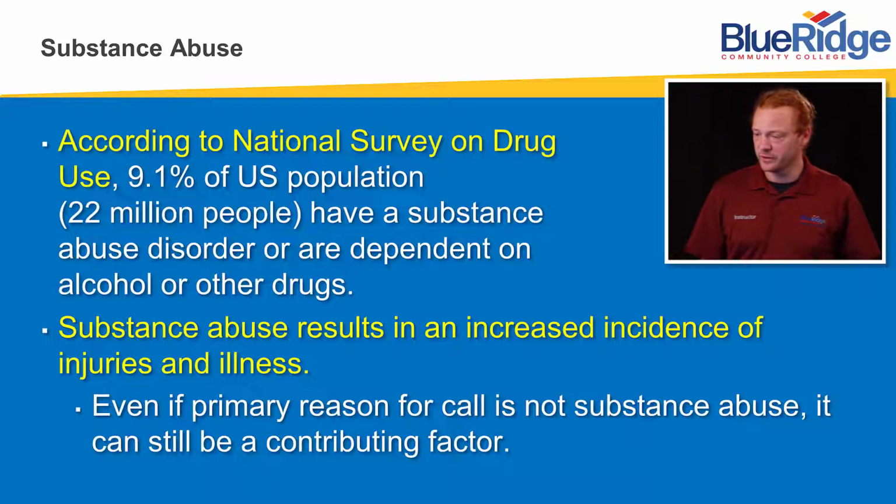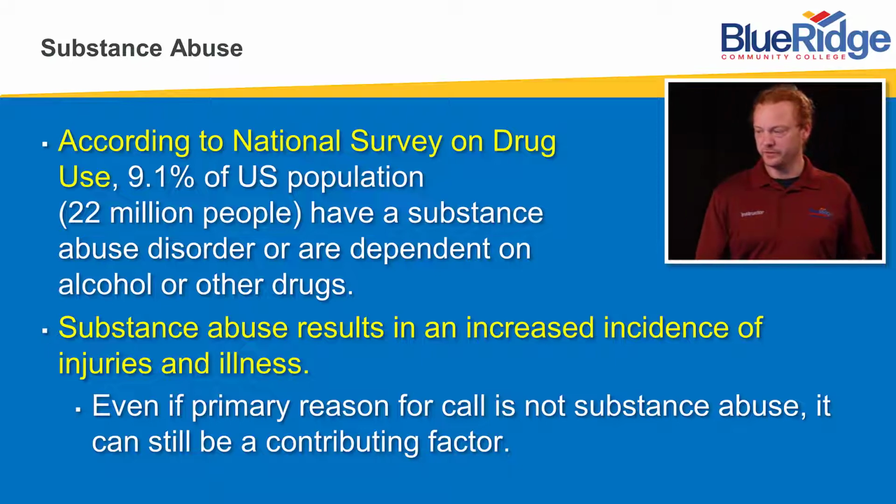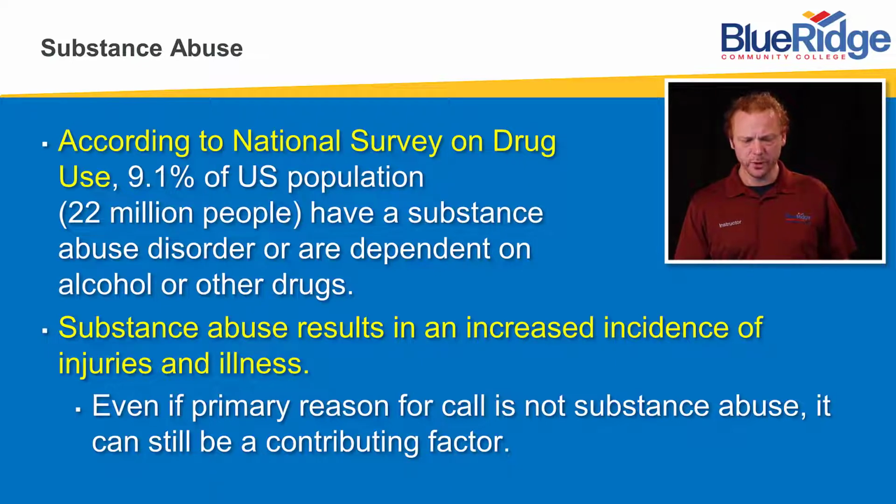According to the National Survey on Drug Use, 9.1% of the U.S. population, or 22 million people, have a substance abuse disorder and are dependent on alcohol or other drugs. Substance abuse results in an increased incidence of illness or injury. Even if the primary reason for a call is not substance abuse, it may still be a contributing factor on many calls.